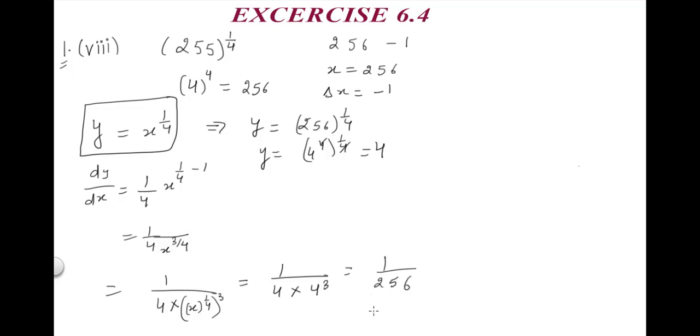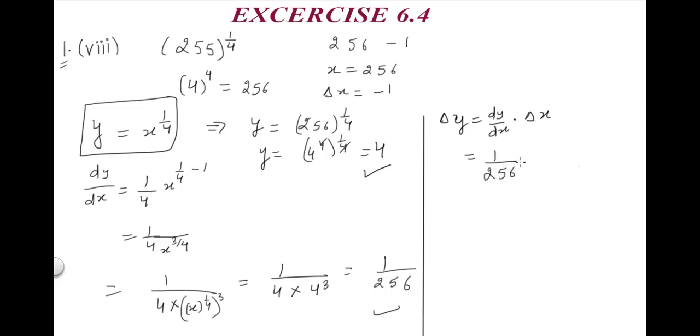So we got dy by dx, we got y also. Only thing left is delta y. To find delta y, how will we solve? We know the formula: dy by dx multiplied with delta x. dy by dx is 1 upon 256, delta x is minus 1. So we get minus 1 upon 256.